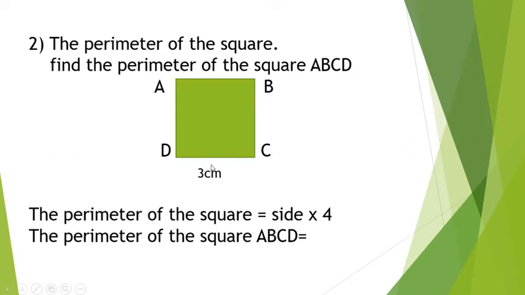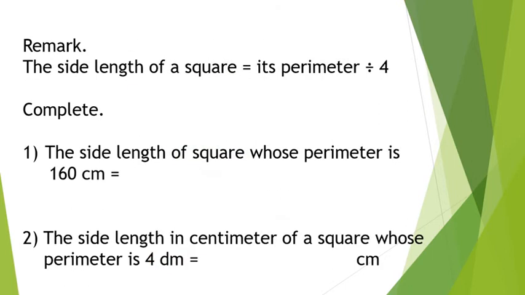The perimeter of the square ABCD equal 3 by 4 equal 12 centimeters. The side length of square equal the perimeter divide 4. Then the perimeter equal side by 4. The side equal perimeter divide 4. Okay?